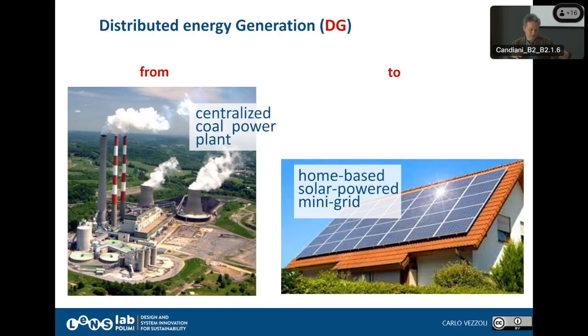So there is a big plant on one side, which is centralized, that gives energy to a whole region. On the other side, it's distributed because it's on the roof of my house, a solar panel, all right? That in this example is then even connected to share the energy surplus with other nearby homes.